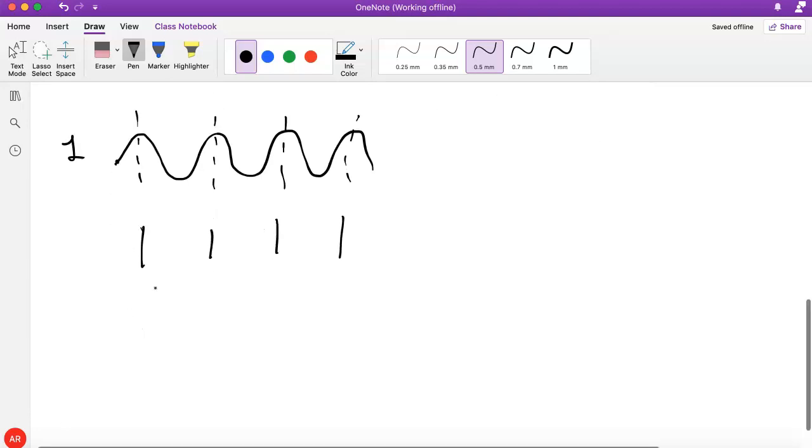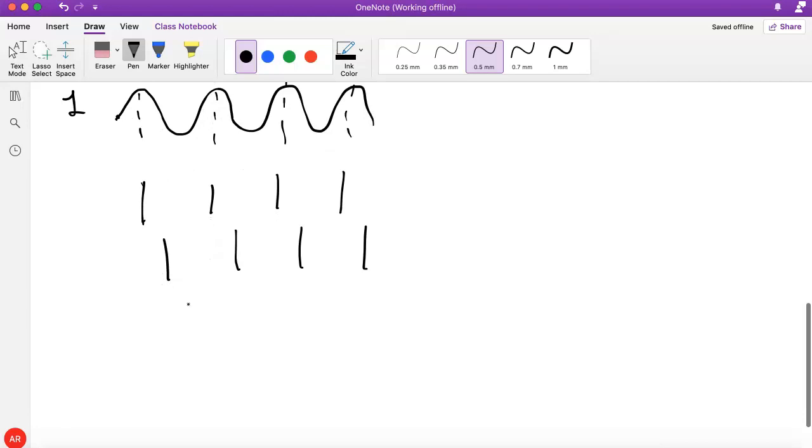A little bit later, this has shifted all the way to here, and then the source puts in a new wavefront.